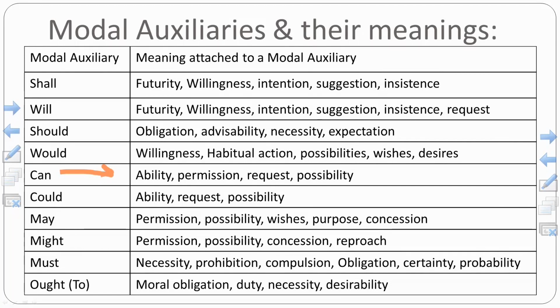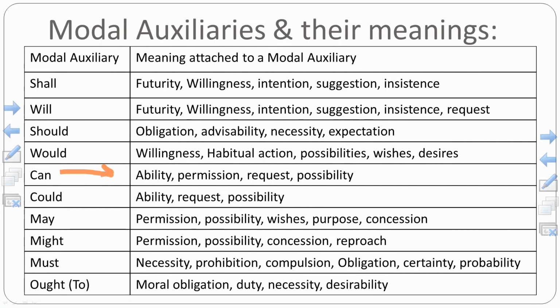Permission: can I? It shows request. It shows possibility: can you climb Mount Everest? So these show ability, permission, request, possibility. These are the meanings attached to a particular modal auxiliary.